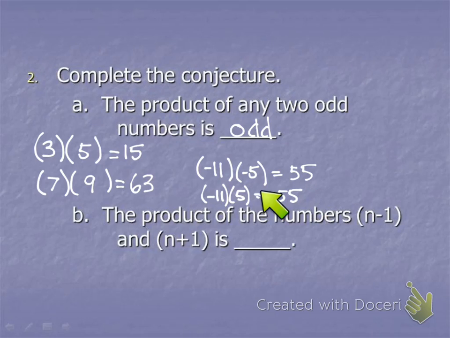So although my first three did look like they were all going to be positive, I could disprove it very quickly. But I cannot think of an example where two odds multiplied together gives me an odd, so I am going to stick with this conjecture. What are your questions?